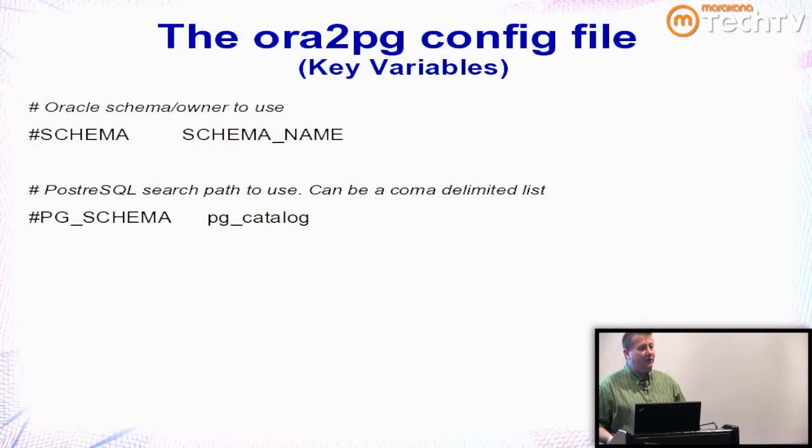Export schema is, again, off by default, which basically says export the create schema command. There's a schema name variable, schema equals blah, and if you set that to a schema name or a number of schemas separated by spaces, those are the schemas that are going to be exported when you run the ora2pg tool.